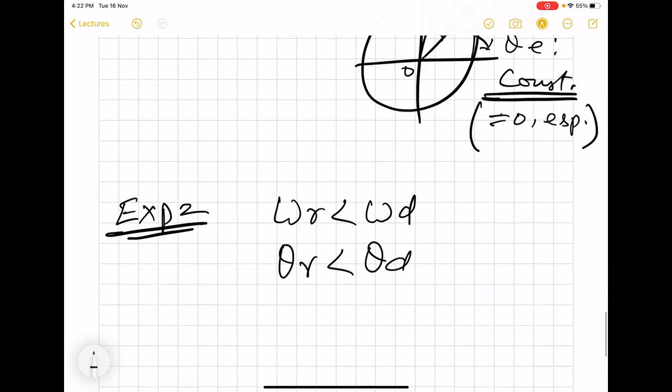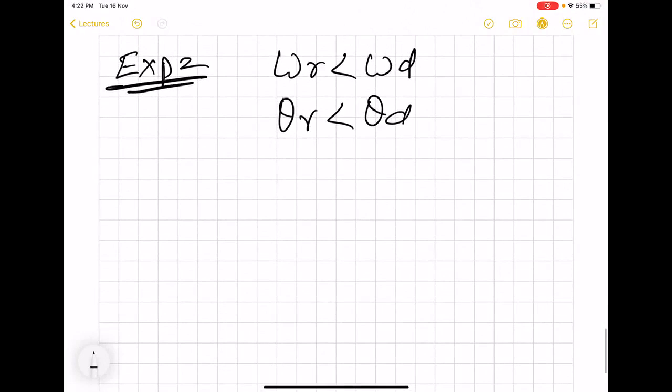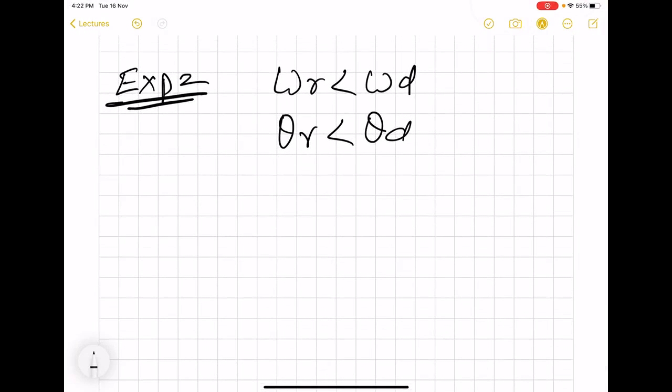And now we want to see how this will lead to the locking of the loop. That means omega d will slow down and it will become equal to omega r. So keep in mind omega r is fixed. We cannot alter it. It is omega d which can be altered by the loop.